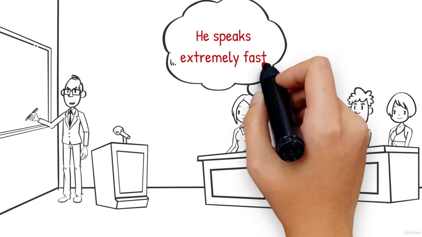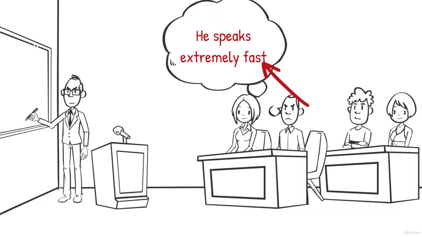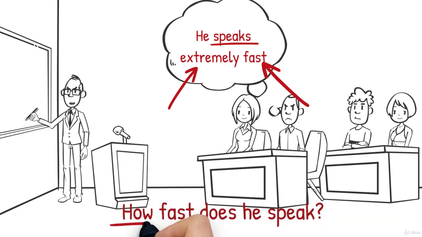The word fast is an adverb, which describes a verb speak. And the word extremely is also an adverb, which modifies the adverb fast. How fast does he speak? Extremely fast.